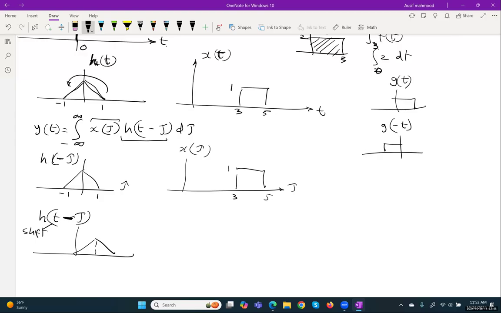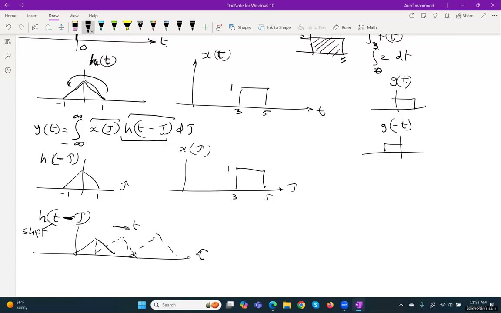If t is 2, it will move 2 to the right, okay? So essentially, as you can see, as t increases, for different values of t, this function is moving to the right, okay? So as you can see, the convolution is basically multiplying these two things.